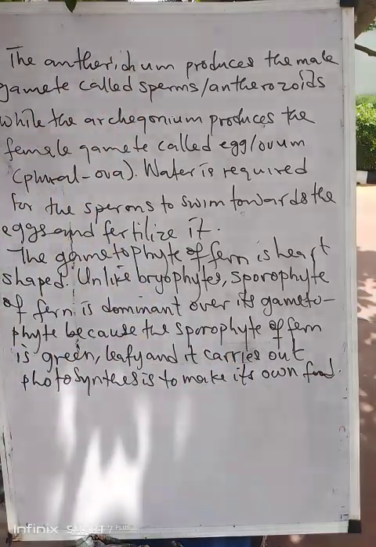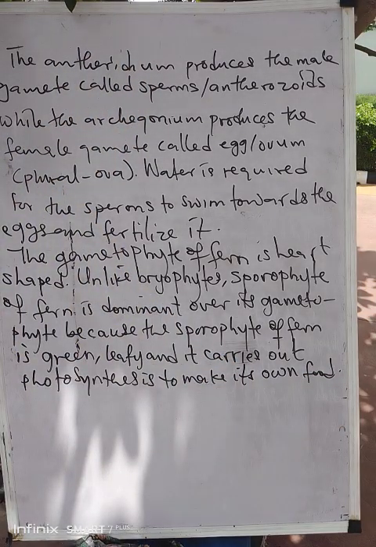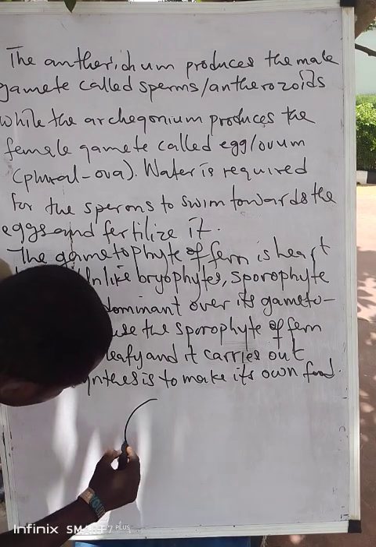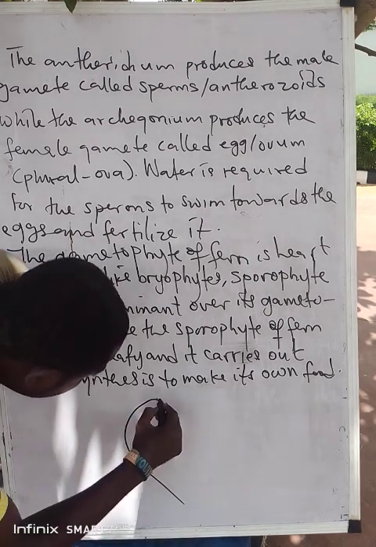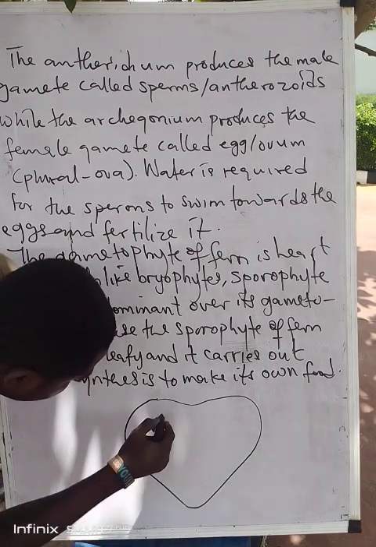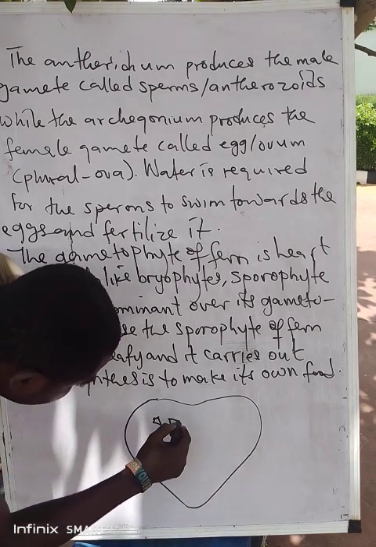Unlike the case of bryophyte, it's a gametophyte that is green that makes his own food. Here now is sporophyte. So let's look at the diagram of the heart shape of the gametophytes of fern.